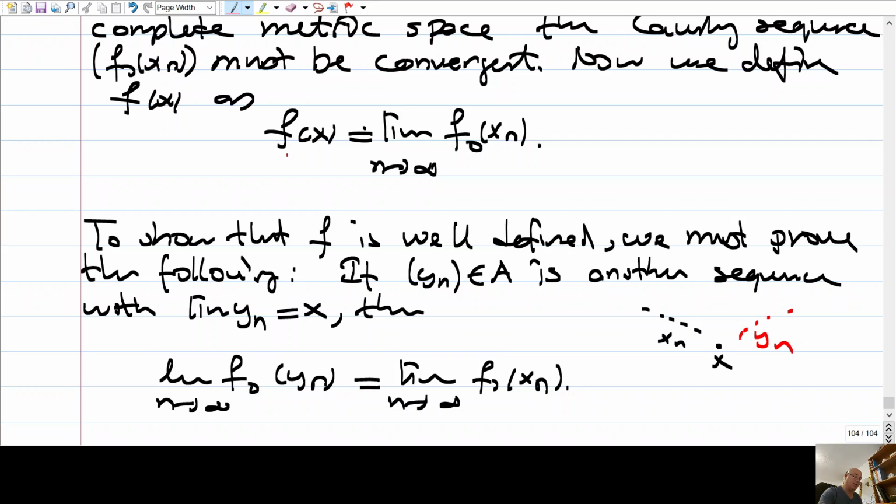That part will be easy. And finally, we have to show that if f0 is an isometry, then f is an isometry. So there are several steps we have to complete, and we will do it next Tuesday. All right. See you then.